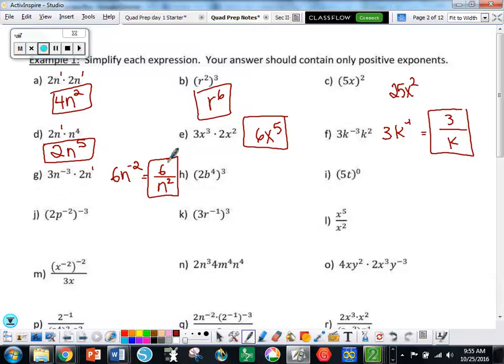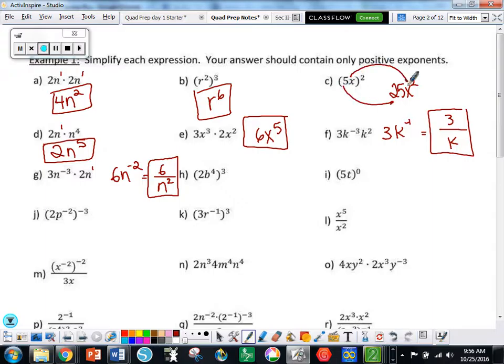Power raised to a power. Compare part H with part C. What happens between the 5 and the 25?